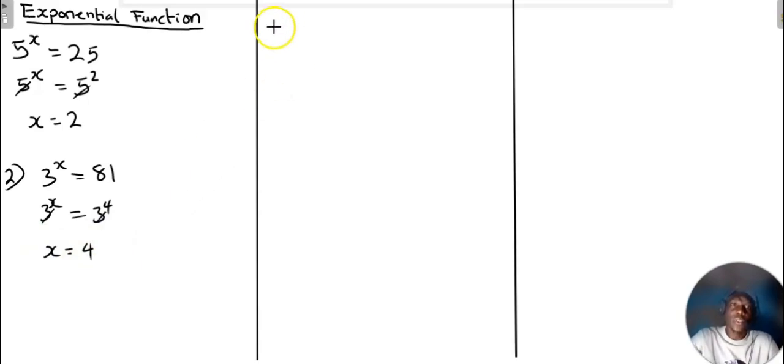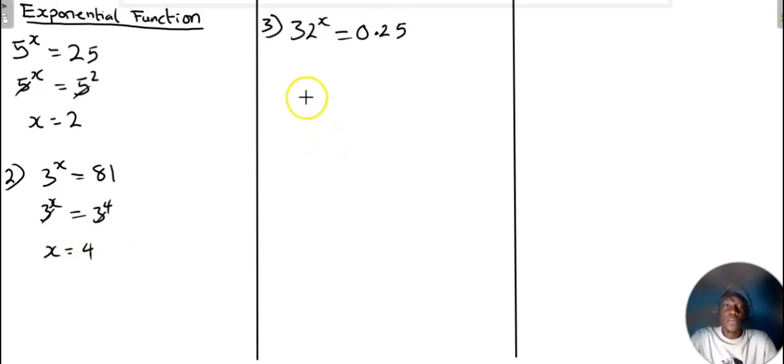Now let's step it up a little bit. For question number 3, we have 32^x is equal to 0.25. You apply the same method, just that in this case there's a decimal number here. All right, now let's break this 0.25 down. 0.25 is the same as 25 over 1 with 2 decimal places, so you write a 10 that has 2 zeros.